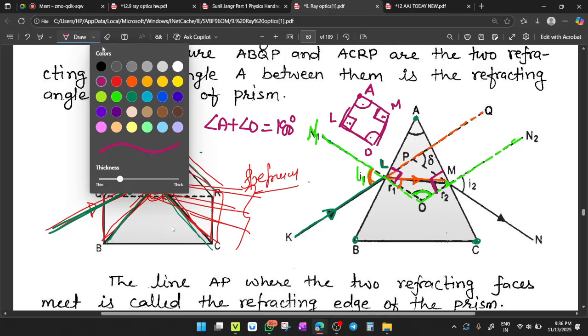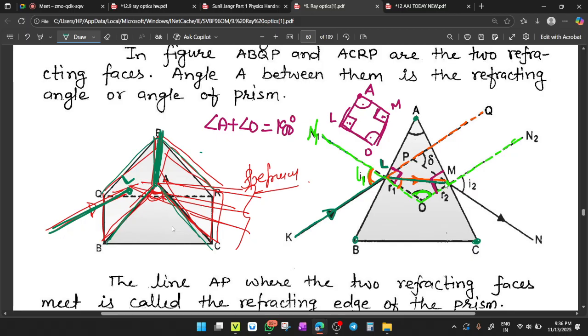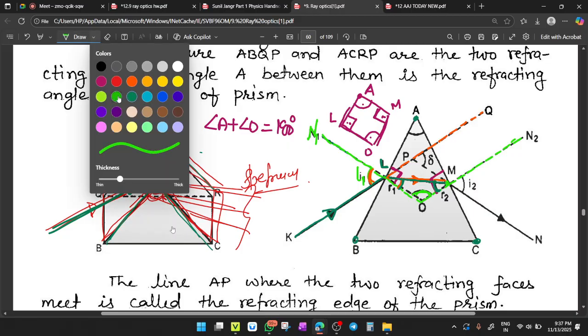Now talking about the refracted ray. Once again, check the refracted ray. This is the incident ray. This is the refracted ray inside. This is making some angle R2. So the first angle of refraction is R1 and inside this angle equals R2. Now this is a normal.